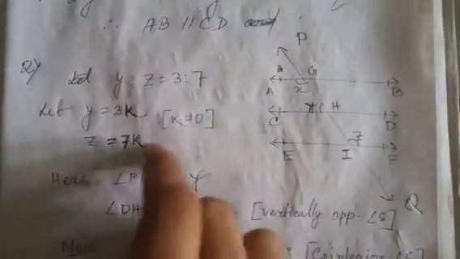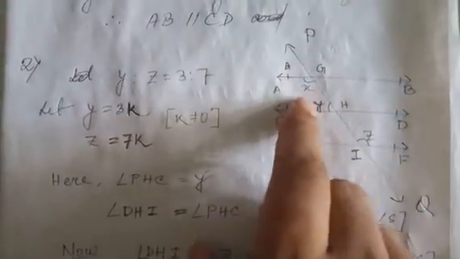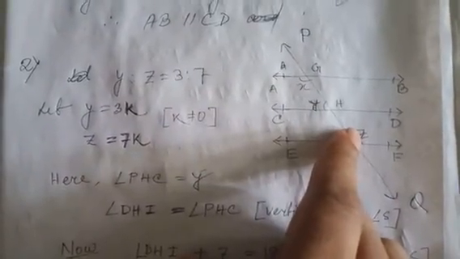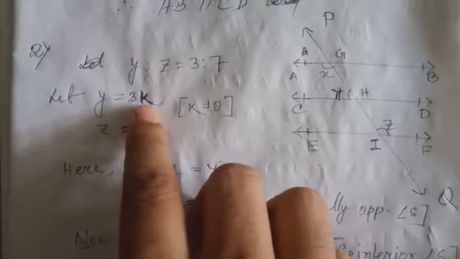Okay, now we need to find x, y and z, and given y to z is 3:7. Therefore let y equal 3k and z equal 7k, where k is not equal to 0.